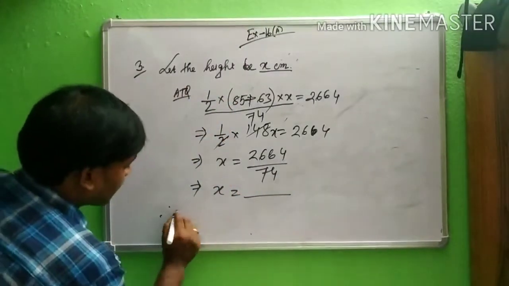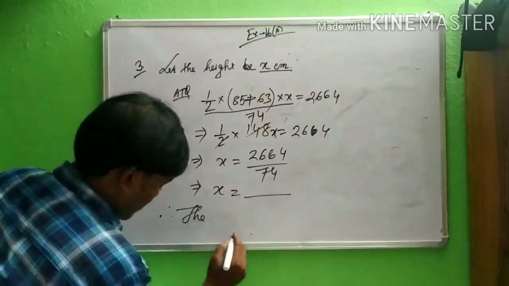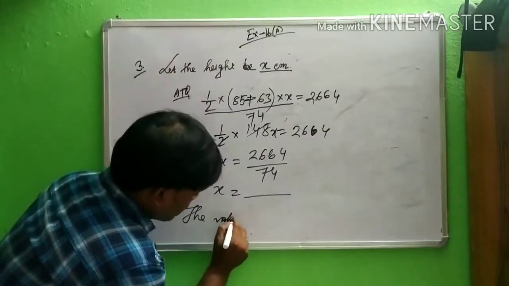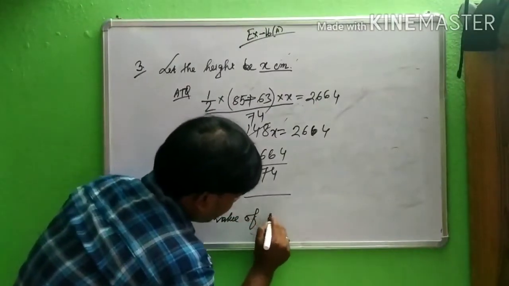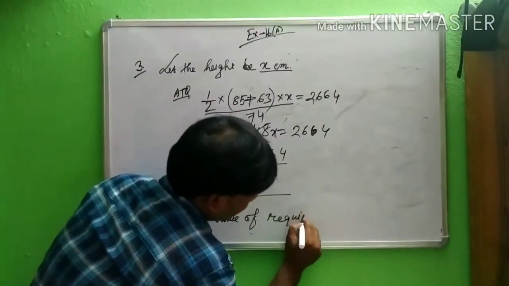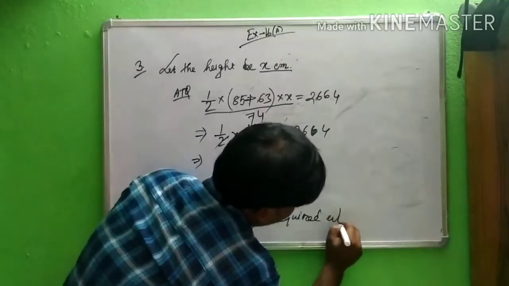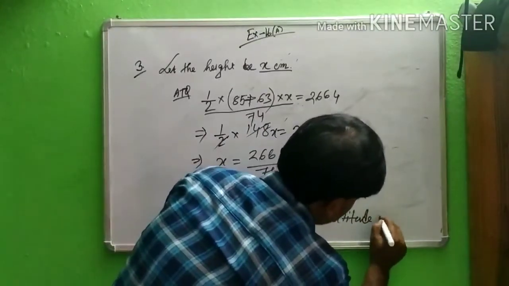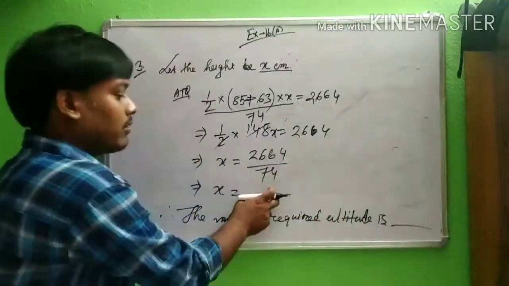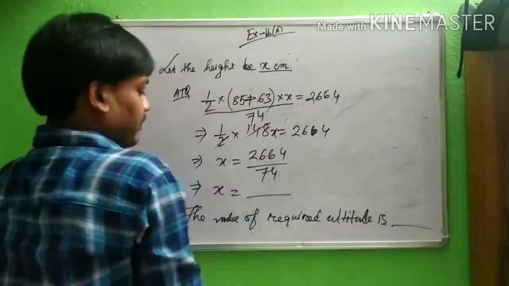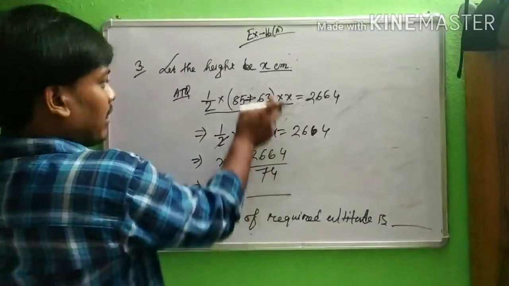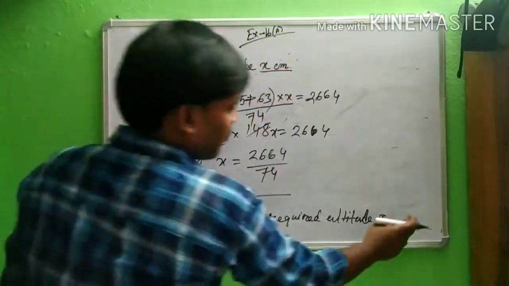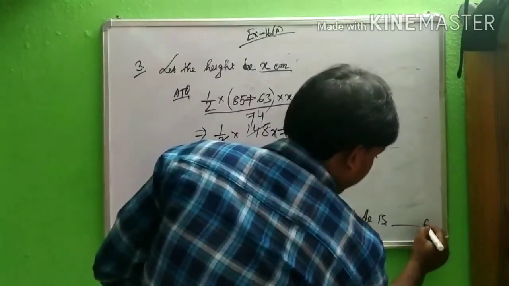Therefore the value of the required altitude is, find the value and put it here. Here you get one value, and that is the altitude or height, x centimeter. So put the value of x here, with centimeter.